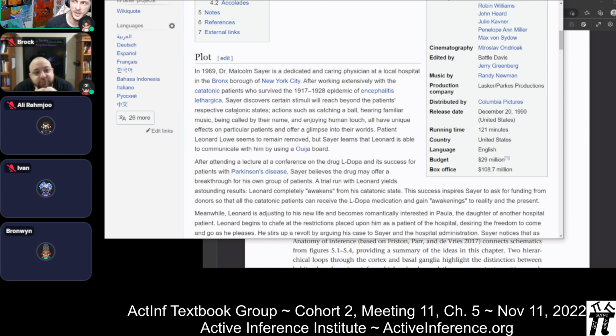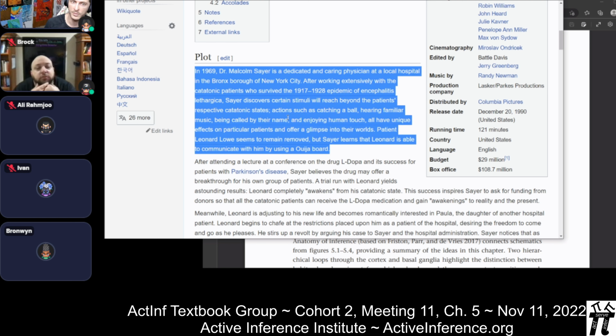And there was a floor of patients in a medical institution who were all suffering from basically these different symptoms that today could be recognized as hypodopaminergic signaling. And then the doctor goes to a conference, learns about L-DOPA, which is a metabolic precursor of dopamine.